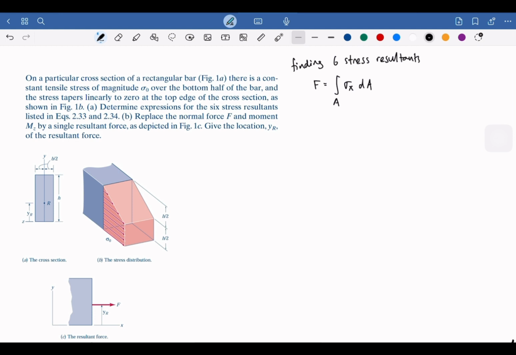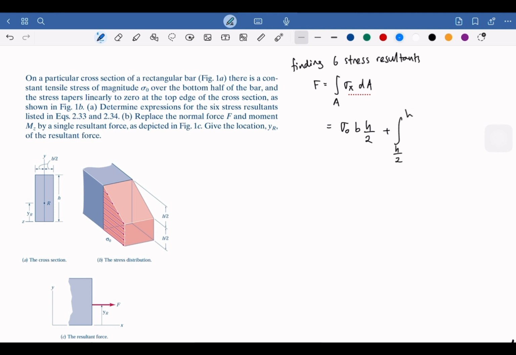If you look at F and sigma x, since we have this distribution here, we can separate this rectangle and this triangle here. So we can separate the integrations. First, we could do it directly with the rectangle. We take this sigma 0 and multiply with the base and h over 2. Okay, no problem. And then we need to add the integration from h over 2 until h.